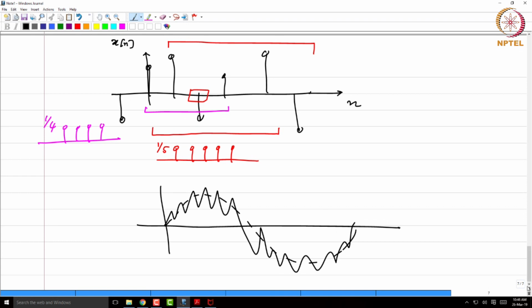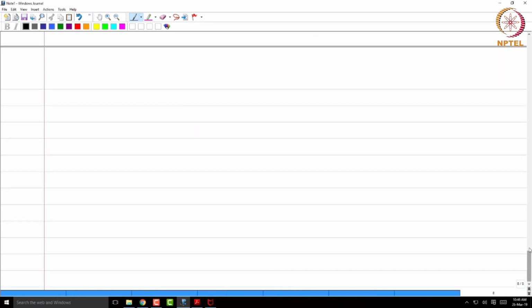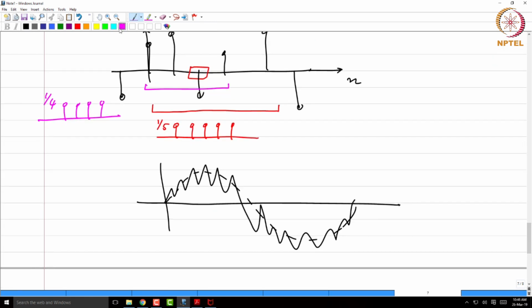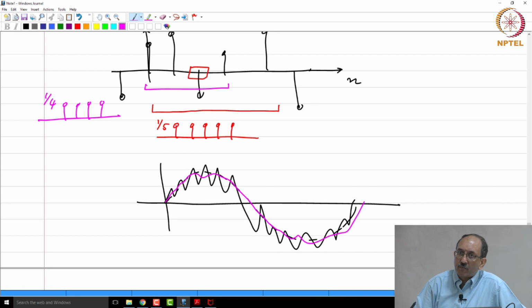So, you can expect the output to be a somewhat smoothed version of this. Maybe it will be something like this, but the output will suffer a delay, and the group delay suffered by the filtered output will be (N minus 1) by 2. We have seen that is what the filter does. A linear phase FIR filter will give you a group delay of (N minus 1) by 2.